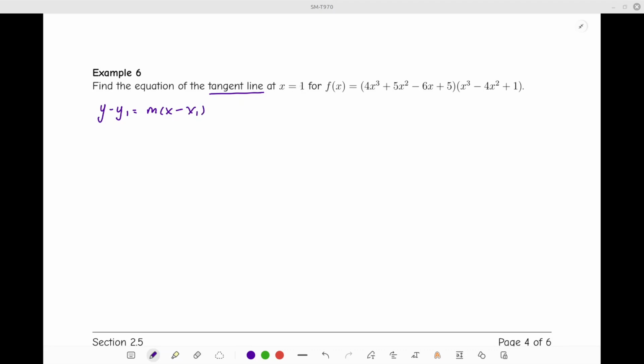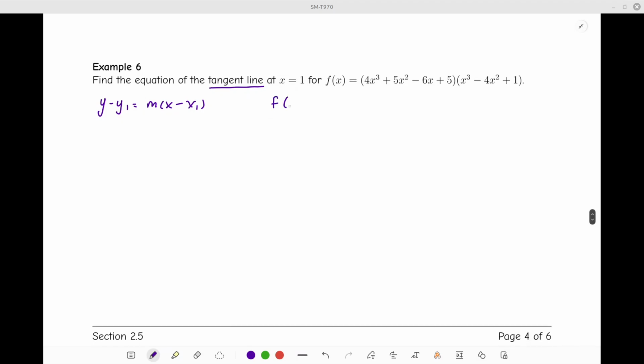My x1 is 1, so to find y1, I plug that in, so f of 1 would equal 4 plus 5 minus 6 plus 5 times 1 minus 4 plus 1, which is 8 times negative 2, or negative 16. So that's my y value.